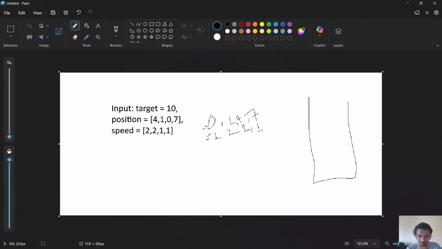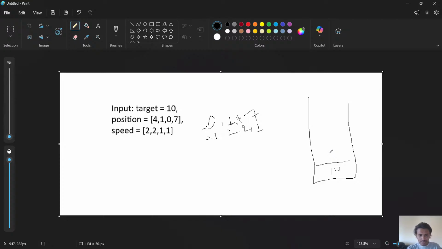For the first, 10 minus 0 divided by 1, so it takes 10 iterations. For the next, 10 minus 1 is 9, divided by 2, so that will be 4 and a half.